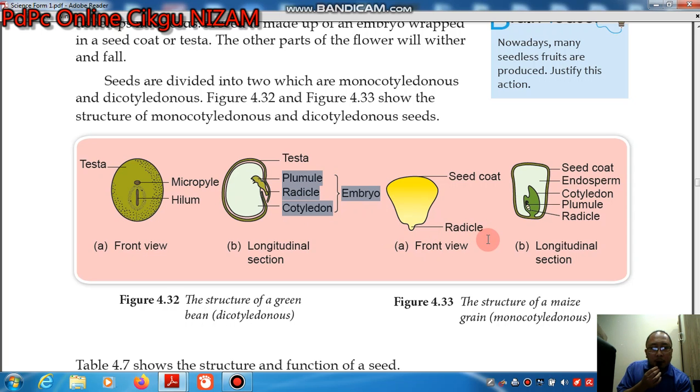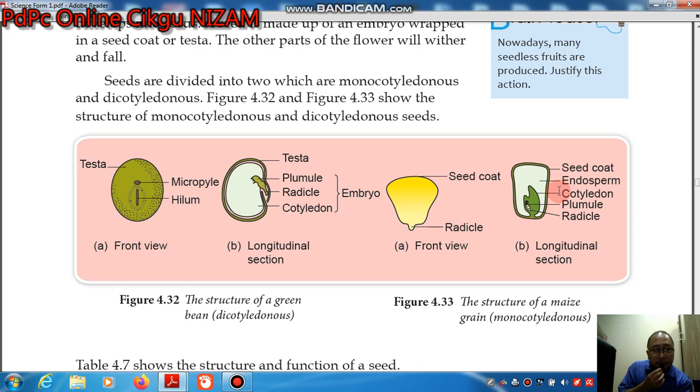For monocotyledonous seed, we can see it is like this. At the inner part we can see the seed coat, we have endosperm, cotyledon is here, and then we have plumule and radicle.